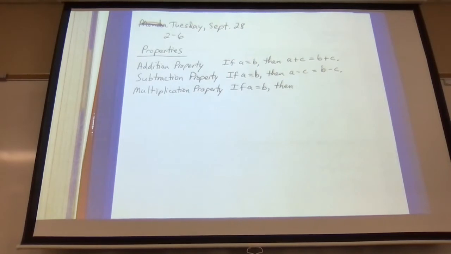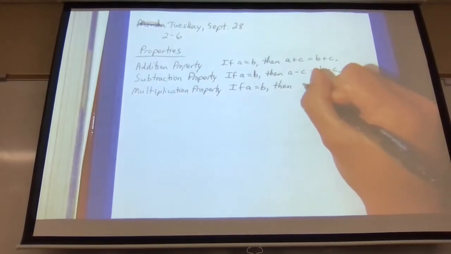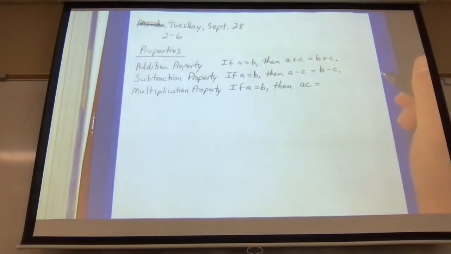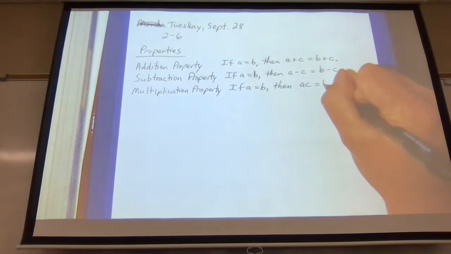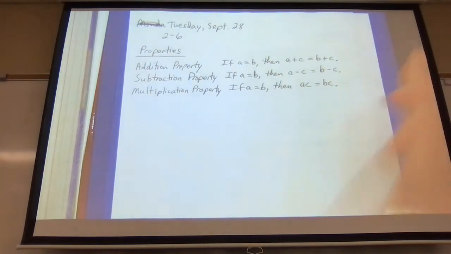Multiplication property is going to let you multiply both sides of the equation by the same number. Any guesses? Jackson, what'd you say? A times C equals B times C. There you go. A times C equals B times C. Multiplication property is going to allow you to multiply both sides of the equation by the same number.